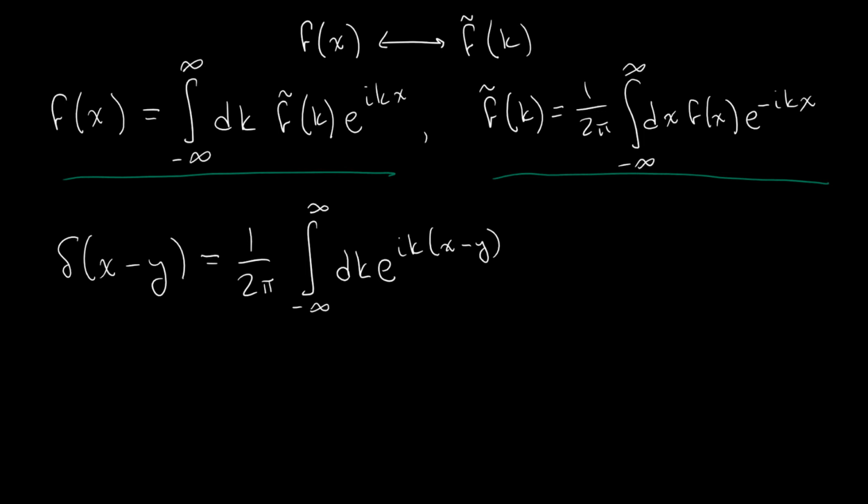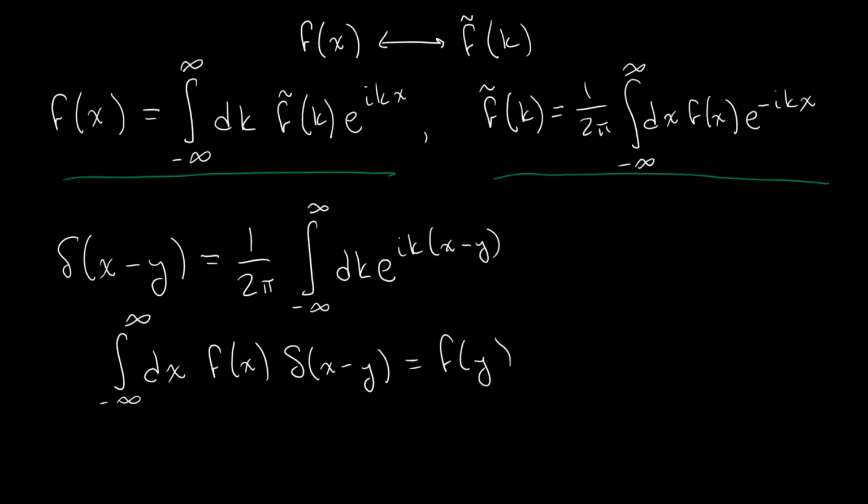Technically it's not a true function, it's a distribution, if you want to be super technical about it. Regardless, what this does is it takes an integral like this, the integral of f of x delta of x minus y, equals f of y. It essentially picks out a single point in this function and evaluates the function at that point.